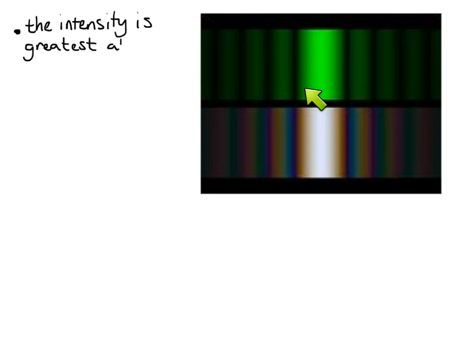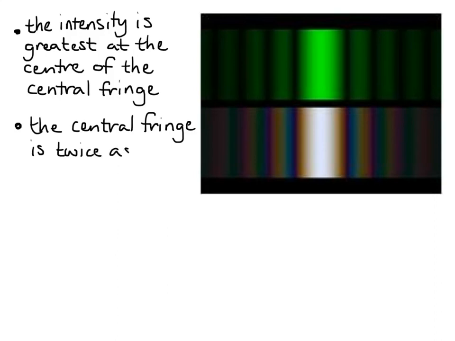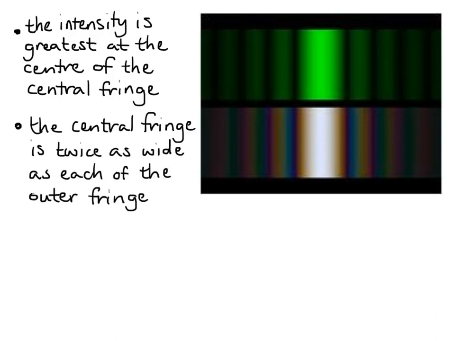So key points are: the central fringe is very bright, much brighter than the others, and the brightness varies, being brighter at the centre. So it's very bright in the middle, fades towards the edges. The central fringe is twice as wide as any of the others. Okay, you can see that in the picture.